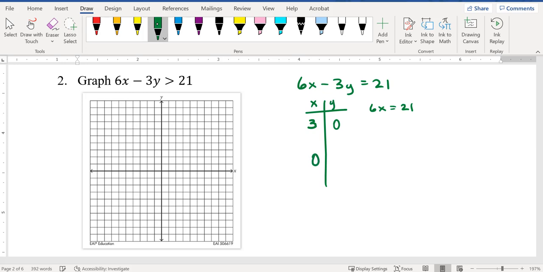If my x is 0, I have to solve negative 3y equals 21, so y is negative 7. Okay, so I'm going to plot (3.5, 0) and (0, negative 7). Since it's just greater than, there's no equal to. This is a dashed line for my boundary line.